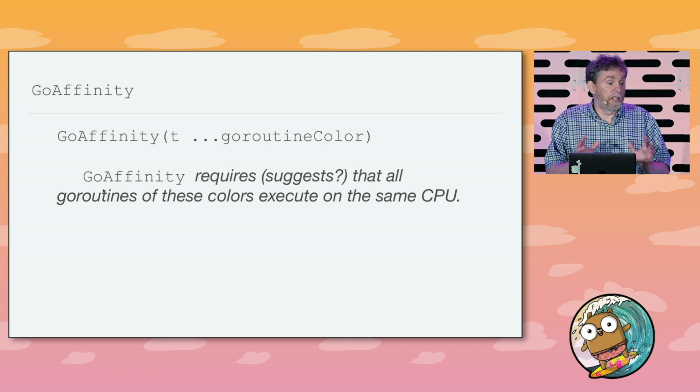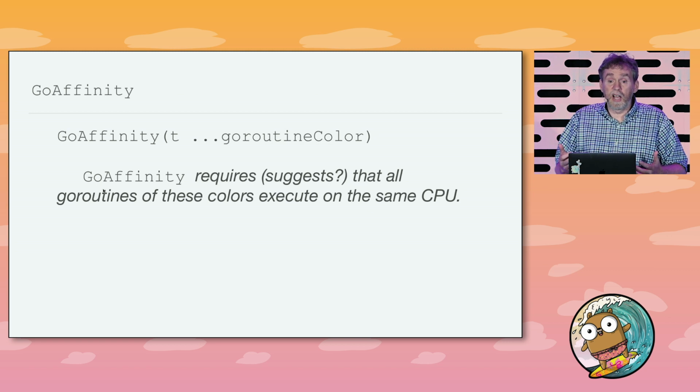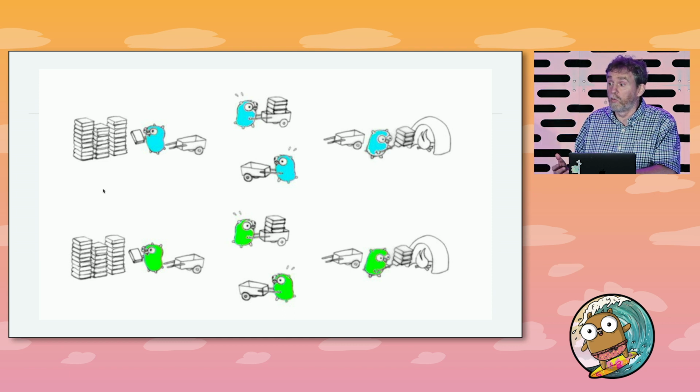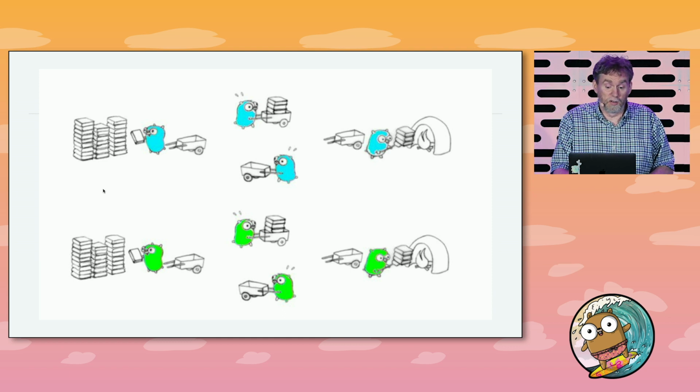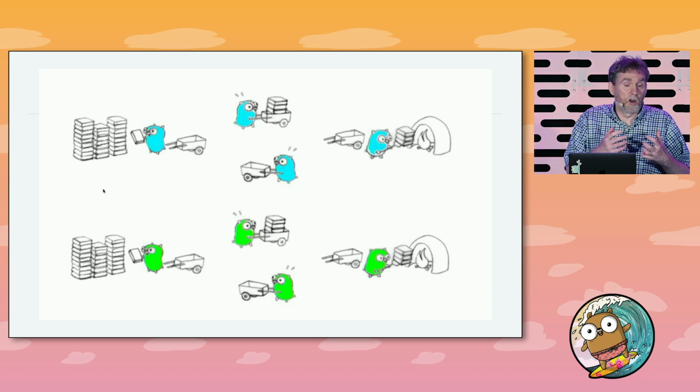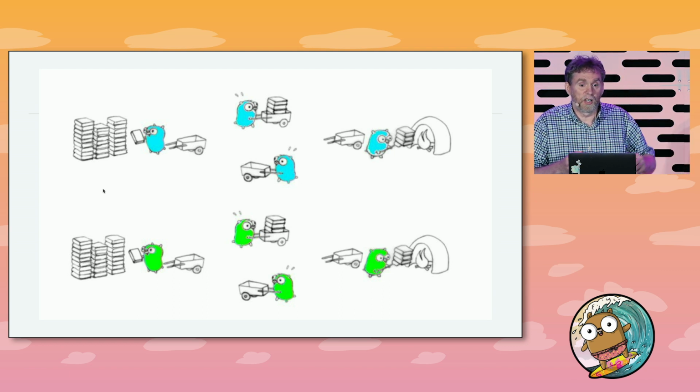So all these Go routines are going to happen in the same place. So the group at the top, the blue ones would all be working together on one CPU, and the green ones would all be working on some other CPU, perhaps. But anyway, it would be guaranteed that the blue ones would all be on one CPU together. The incinerator gopher would not be lost on some other CPU.